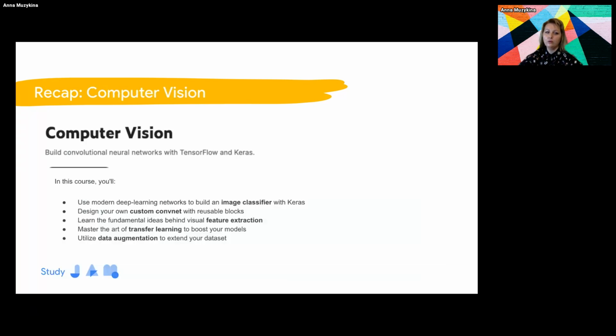And of course, I'd like to recap Kaggle's computer vision course, where we learn to teach computers to see through image classification. This is important because computer vision is rapidly transforming industries from autonomous vehicles to medical diagnostics.